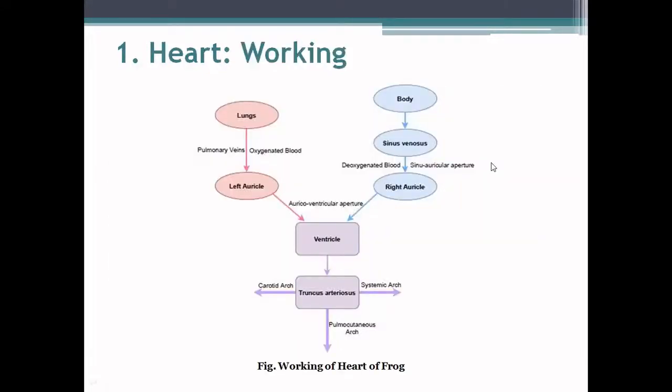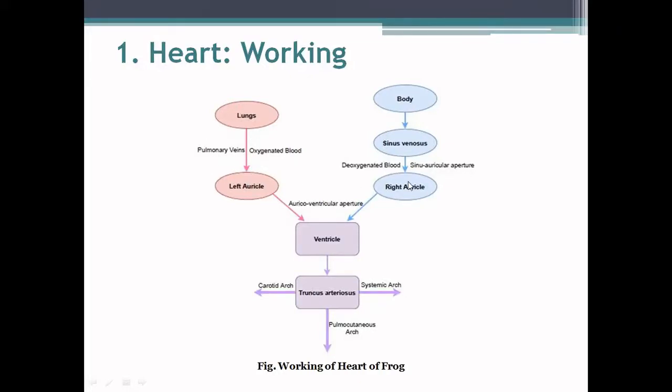Next is the working of heart. Sinus venosus collects deoxygenated blood from all parts of the body of frog. Sinus venosus transmits the blood into right auricle via sinoauricular aperture. At the same time, lungs transfer the oxygenated blood into left auricle via pulmonary veins.